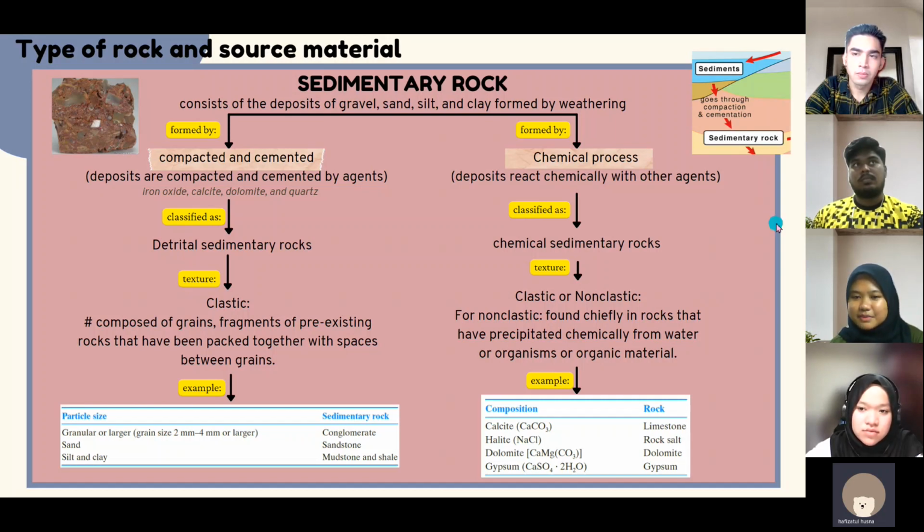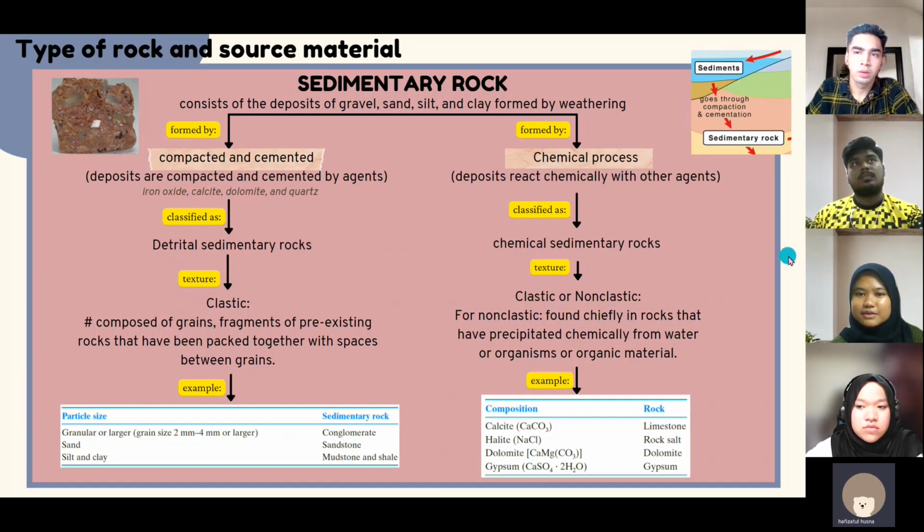This is an example of chemical sedimentary rocks. For composition of calcite, it can be limestone, halite, rock salt, dolomite, gypsum. This type of rock can be clastic or non-clastic. For example, most limestone is clastic, but it can also have a non-clastic texture.